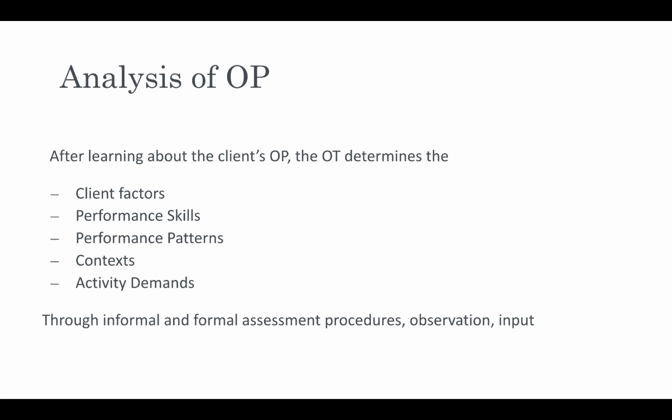Then we're going to go to the analysis of the occupational profile. So now after learning what the client's occupational performance is, the OT is now going to determine what are the client factors, performance skills, performance factors, context, and activity demands that the individual needs to engage in and what areas they are having difficulty in.